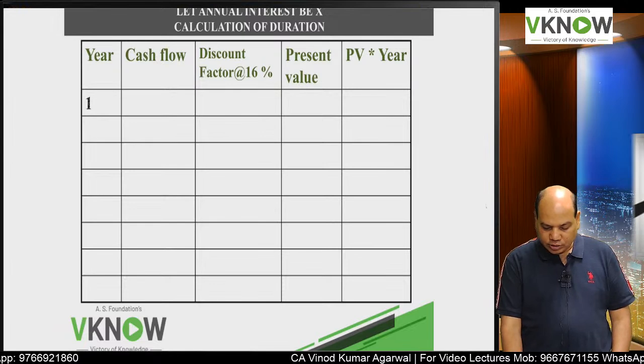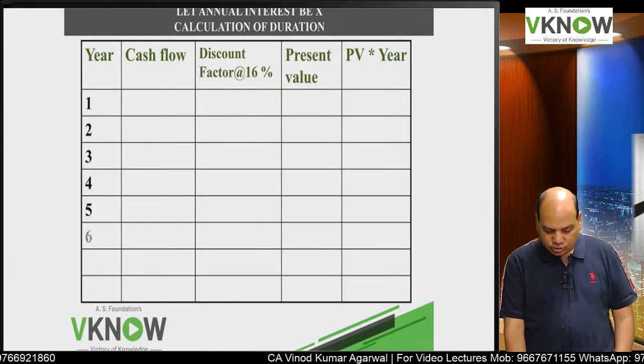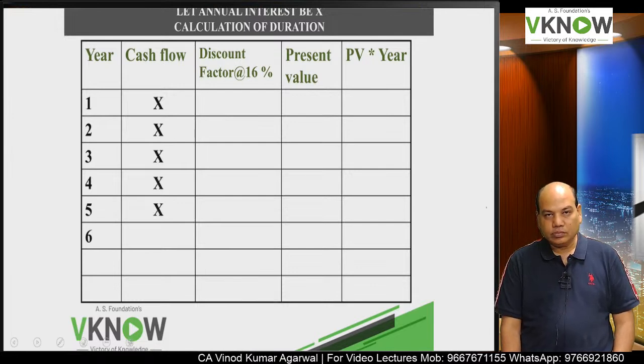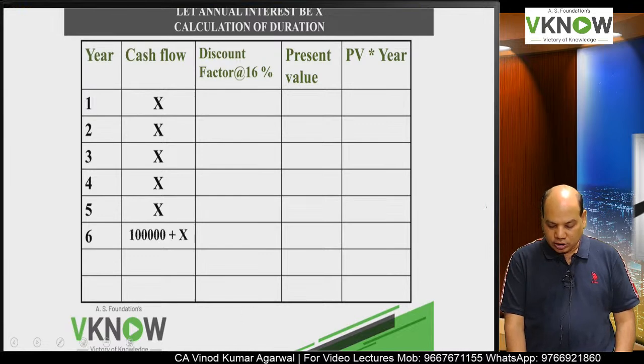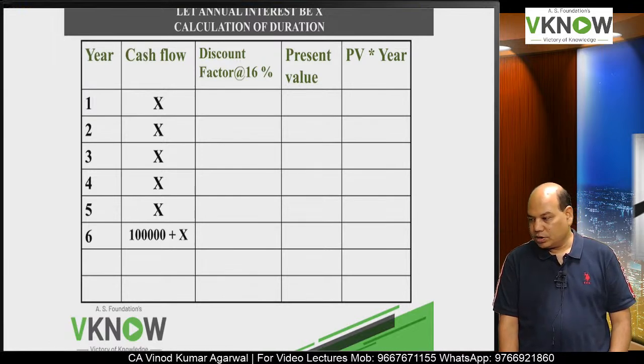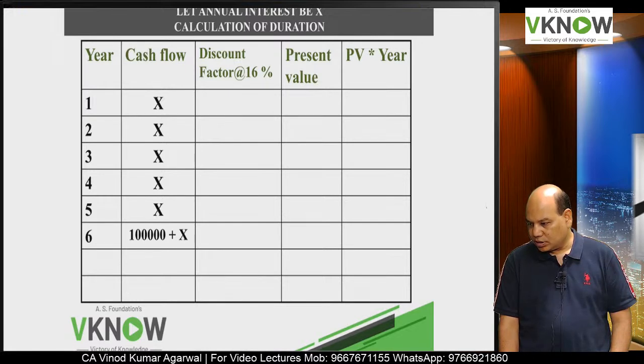Then write down the year column 1, 2, 3, 4, 5, 6. Coupon amount we have assumed to be X 5 times, and then in the last column you will write 1 lakh plus X.